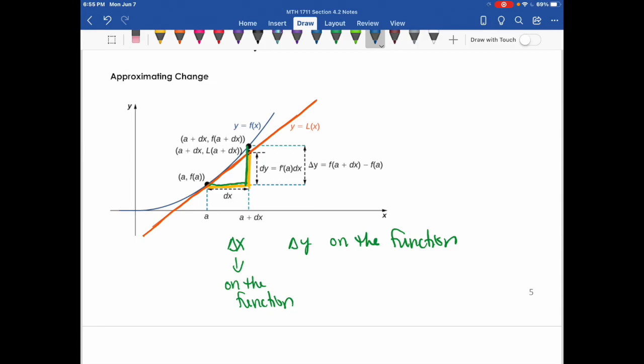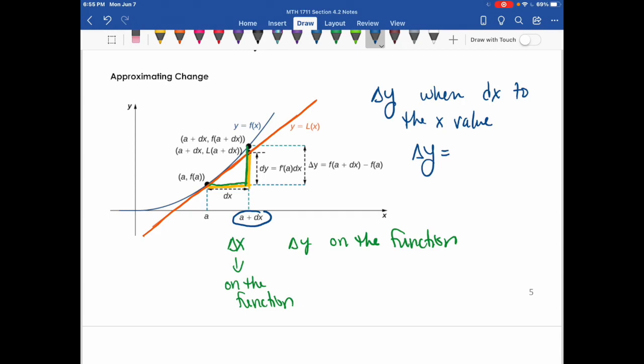Now, if you want to actually find the change in y, what is the change in y? That's the change in the height of the function when you add dx to your x value. You can find the change in y by finding the value of the function, right?